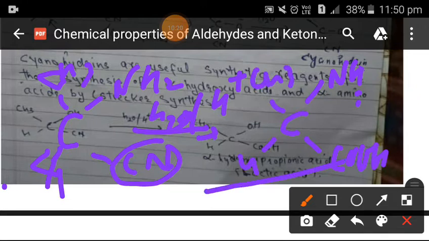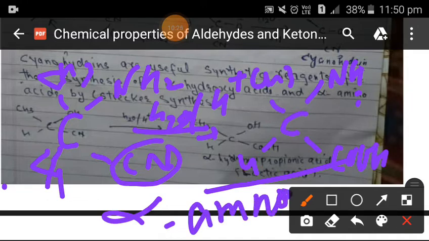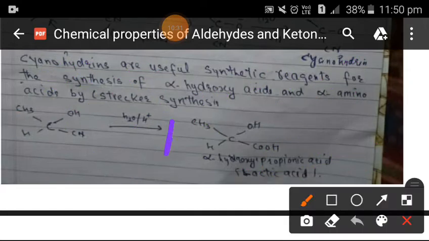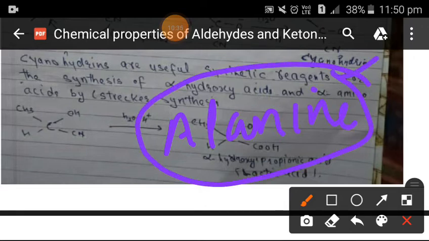This is called alpha amino propanoic acid, also called alanine. So one of the amino acids, alanine, is prepared from the cyanohydrin.